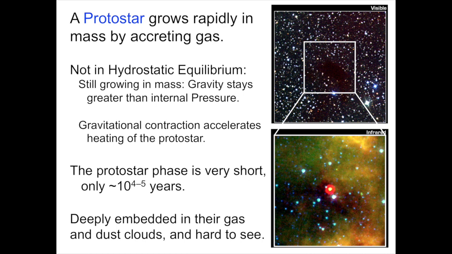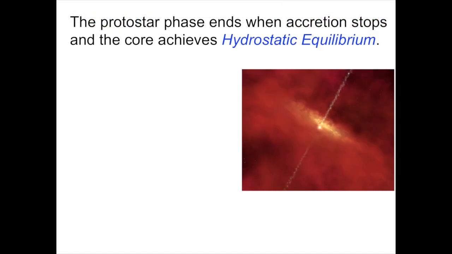It's not yet in hydrostatic equilibrium. Pressure cannot yet equal the force of gravity, and so it continues to collapse, continues to grow in mass, and continues along, growing hotter and denser. This protostar phase, however, comes to an end when it stops accreting matter.